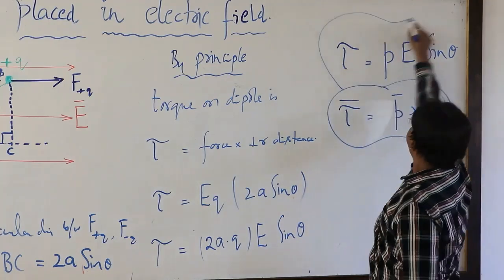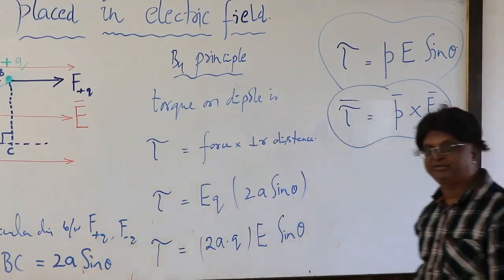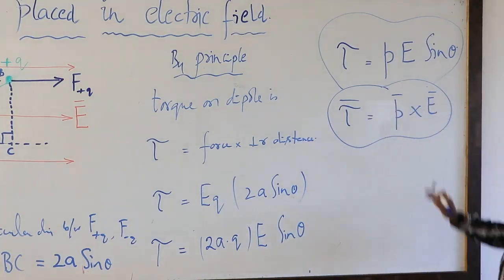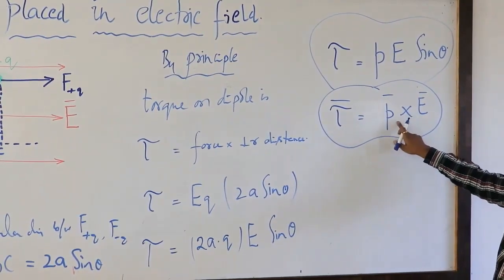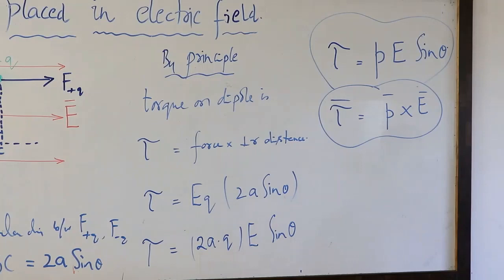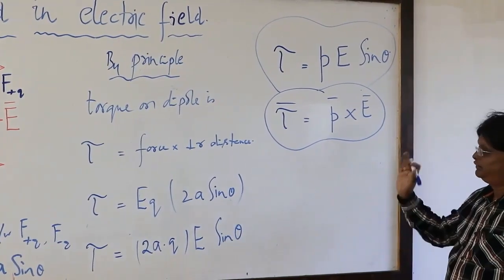Remember, this order is important in all cases of cross product. The order this time is P bar, the dipole moment vector, first, and then the field vector. So this is the expression for the torque experienced.